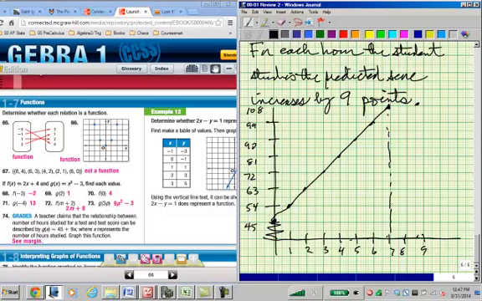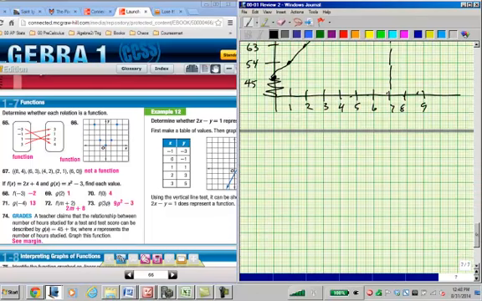So the domain, even though you're not asked, it would be a good question to ask, well, what's the domain? Well, you can study 0 hours, but you can't study less than 0. So if I was going to say the domain, I would say the domain is all real numbers such that x is greater than or equal to 0 and less than or equal to 7. Now, I won't expect this on the test, but I'm just putting this in.